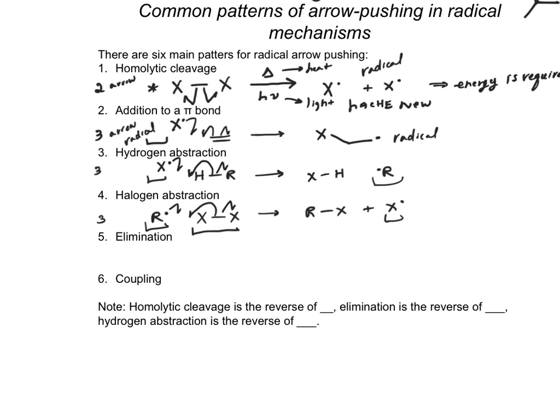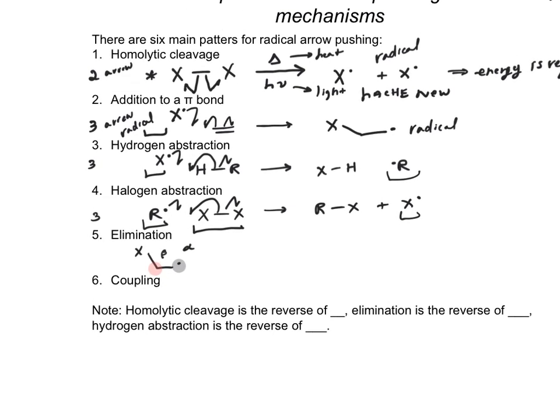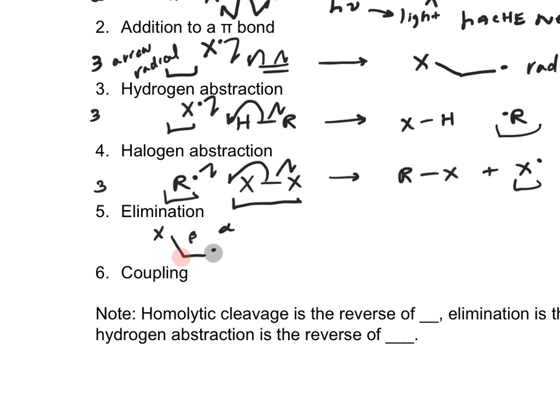Finally, elimination, or not finally, there are two more. In an elimination-based reaction, we'll have a radical-based species. We'll call the carbon that the radical is on the alpha carbon. We will then call the adjacent one the beta carbon. What's going to happen here is a bond, a pi bond specifically, is going to form between the alpha and the beta.